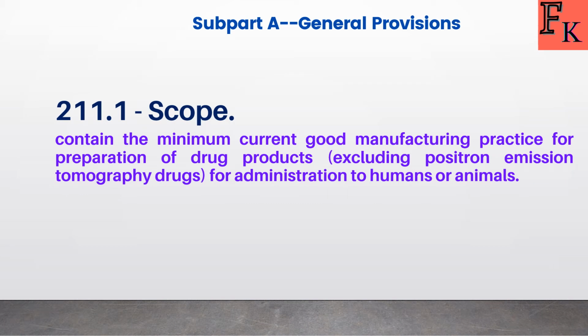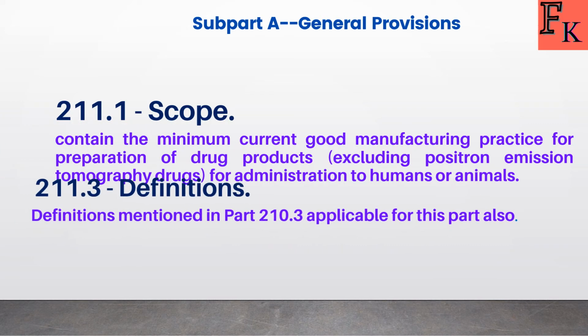The scope of this part is related to the drug products which are prepared or administered to humans or animals. Here they have mentioned excluding positron emission tomographic drugs. So what is meant by PET drugs? These are the radioactive drugs which are covered in part 212.